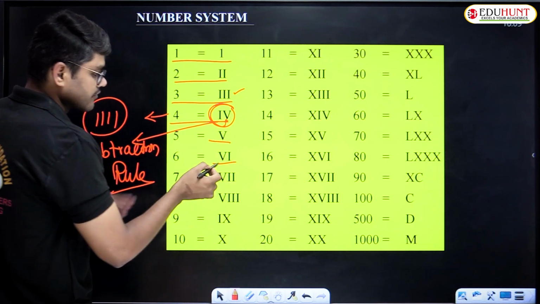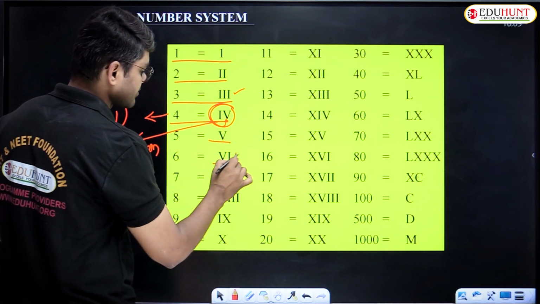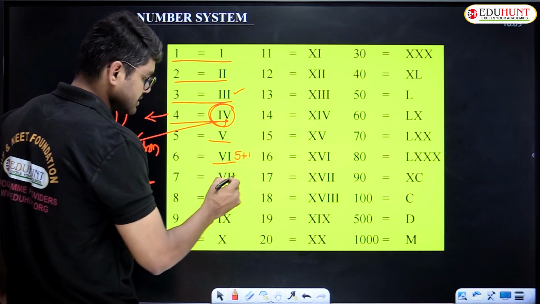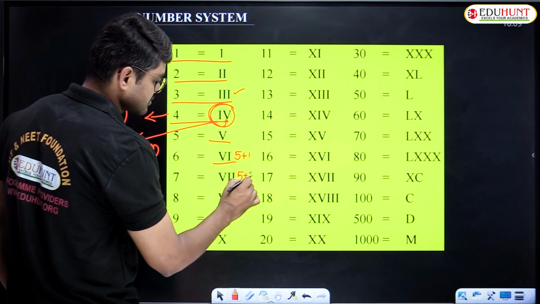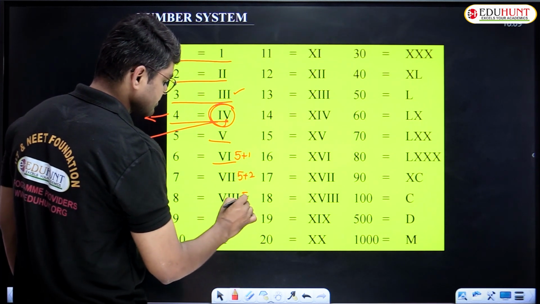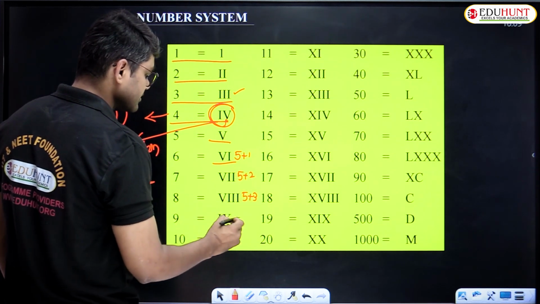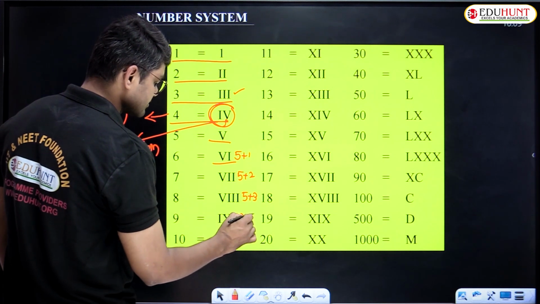Next, 5 plus 1, 6. This is 5 plus 2. This is 5 plus 3. This is 10 minus 1.